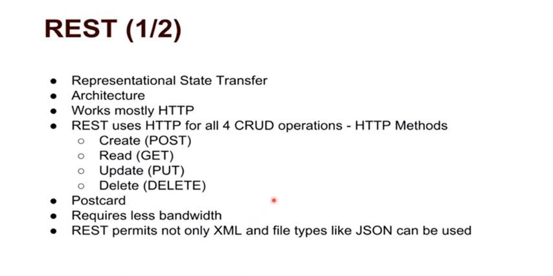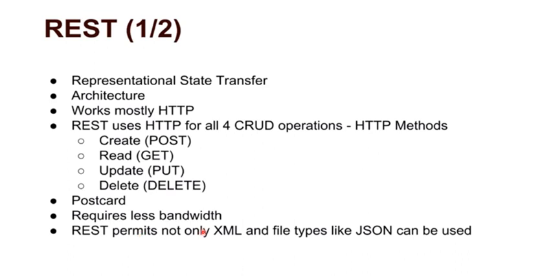We have seen in SOAP that it requires more bandwidth because the transmission is done with some other information which is relevant for the protocol. So we need to transfer some extra information in the form of an envelope. So SOAP requires more bandwidth.